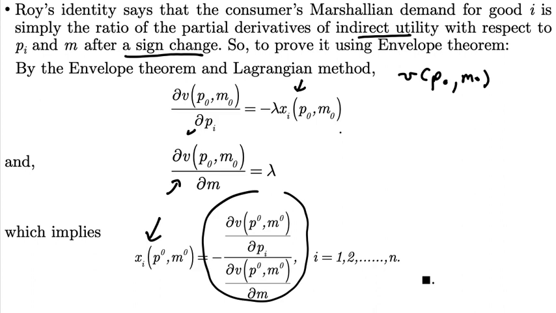The given parameters in the indirect utility function are price and income. So the envelope theorem says the partial derivative of the Lagrangian function with respect to a given parameter, prices and income, is equal to the total derivative of our objective, when we evaluate it at variable optimal points.